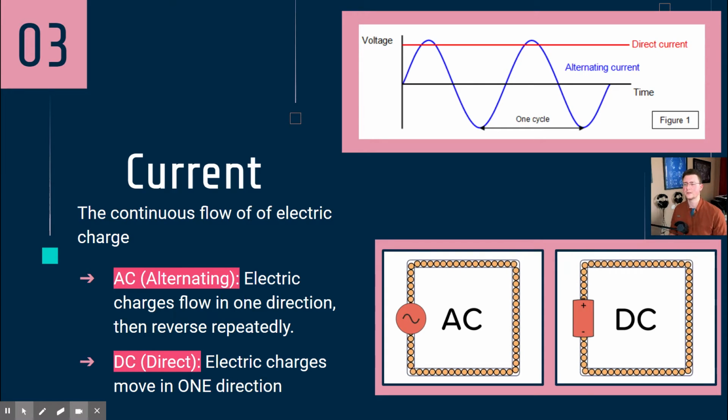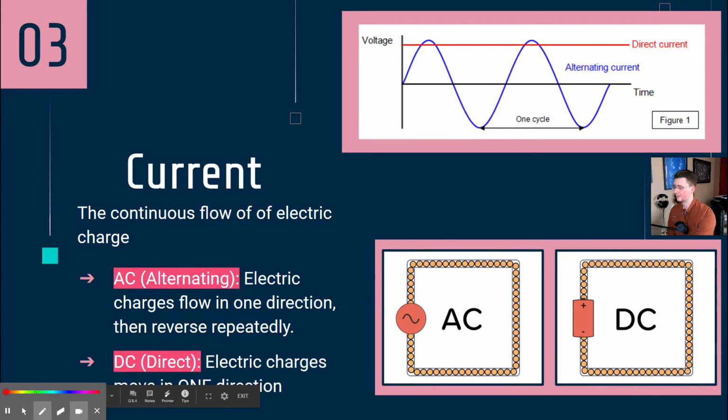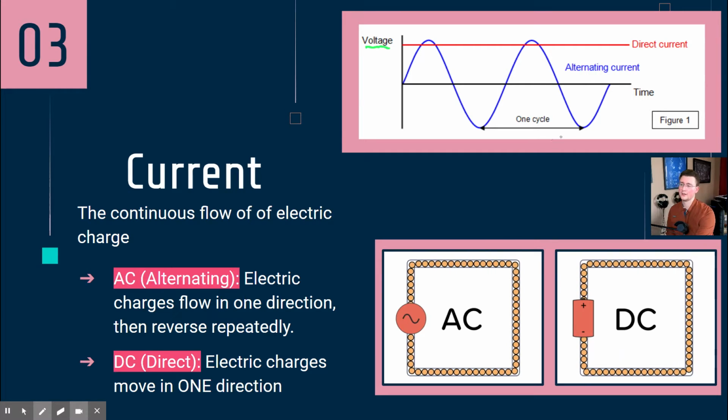So now let me explain some of the images I have here on the screen. In the upper right hand corner, we have two things, the blue line representing alternating current and the red line representing direct current. We have voltage on our vertical axis, and the amount of time going along here.